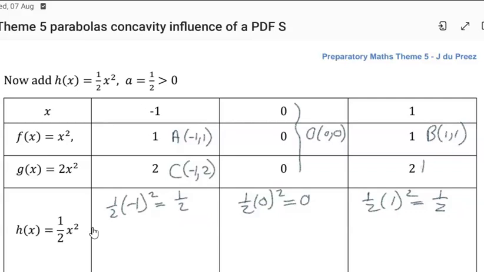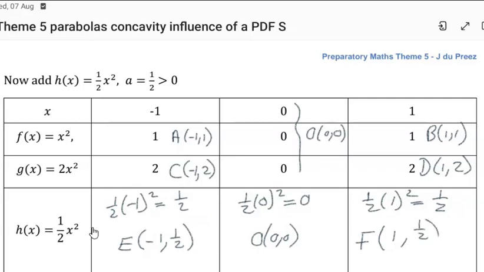Here we have D, where x is 1 and y is equal to 2. So in this case, E is x is negative 1, y is plus a half. Again we have the origin, and again we have F, which is at plus 1 and a half.